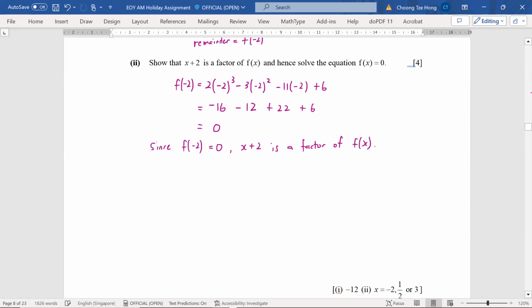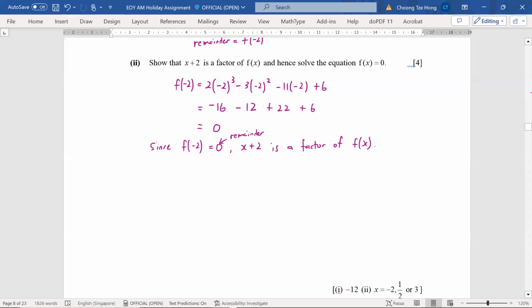Because if f(minus 2) is 0, then it shows that the remainder is 0. Whenever you divide something by another thing and the remainder becomes 0, then the divisor is a factor.